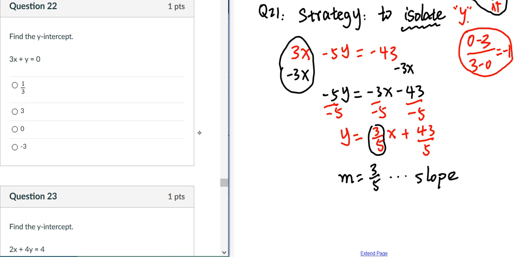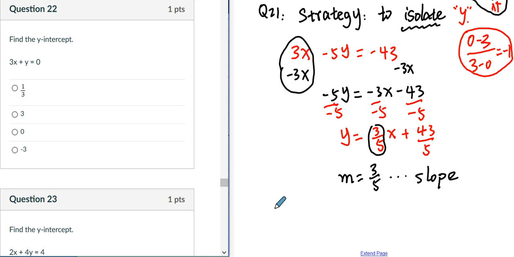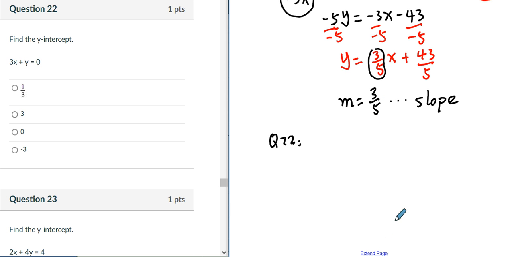Now, let's work on question 22. In this case, we need the y-intercept. And here, again, if we can write y equals mx plus b, then b will be the y-intercept. You do not really have to graph the equation 3x plus y is 0.